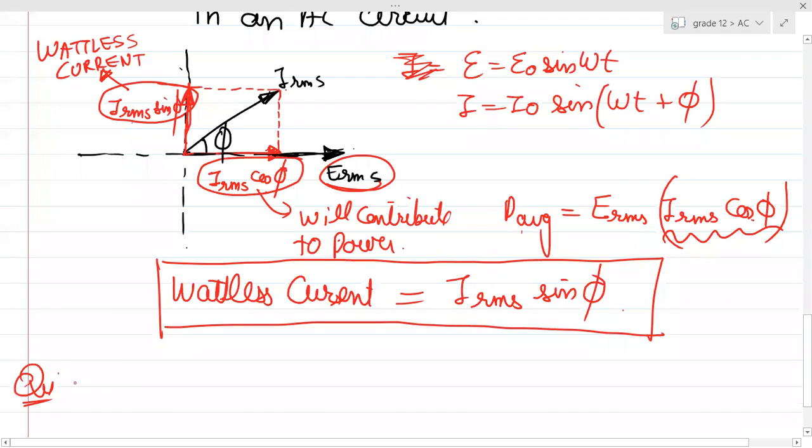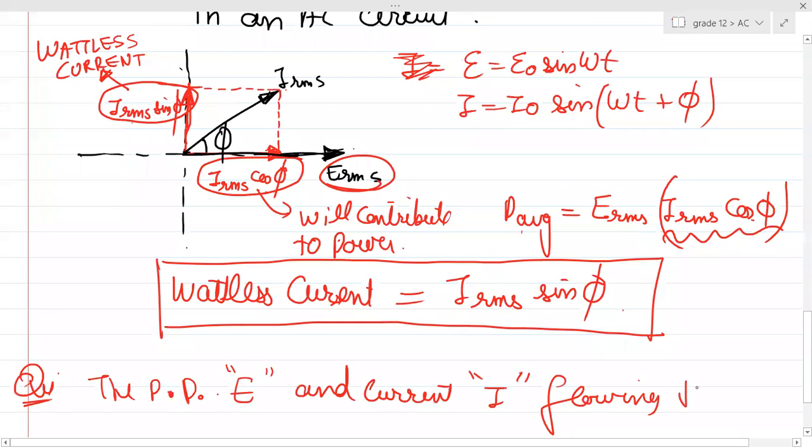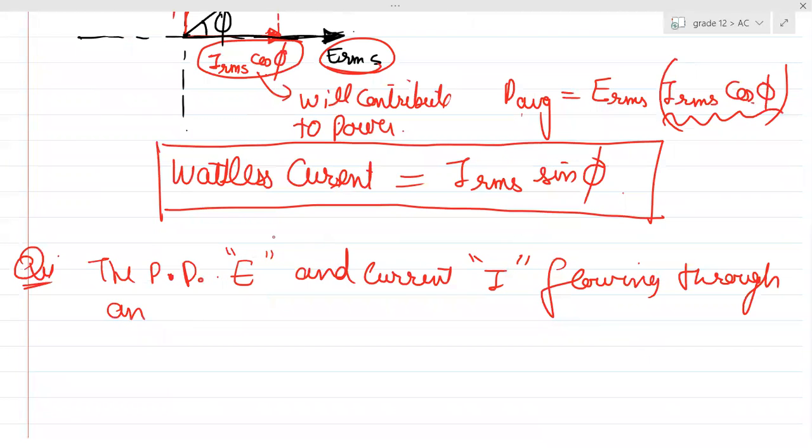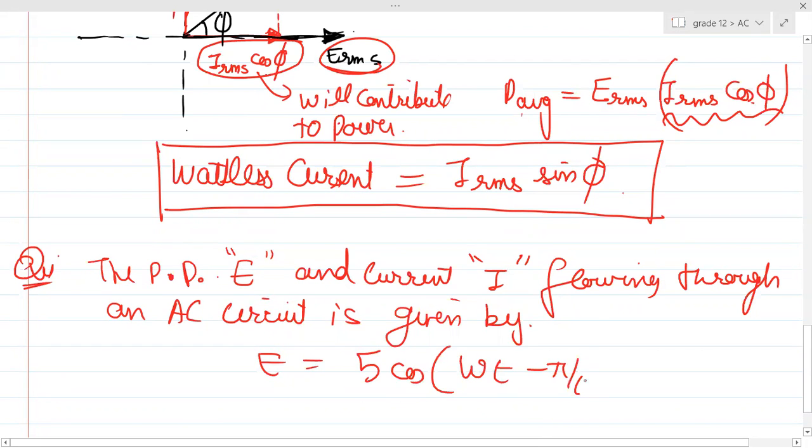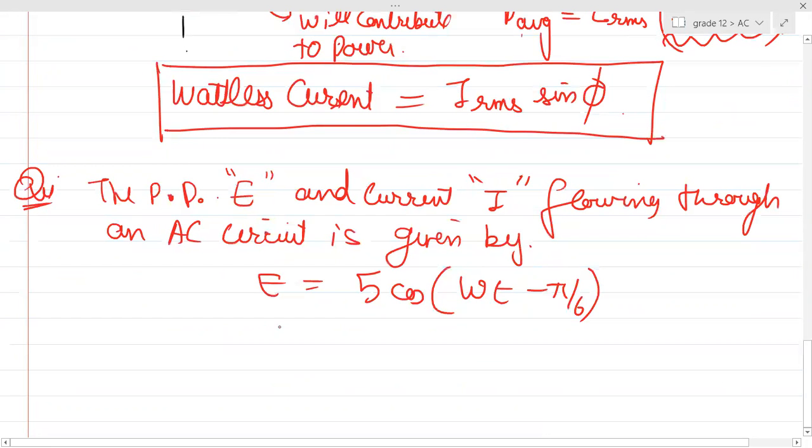Question. The potential difference E and current I flowing through an AC series circuit is given by E is equal to 5 cos of omega t minus pi by 6, and the current is given by 10 sine omega t.